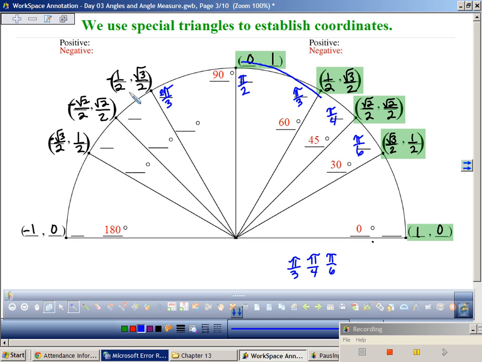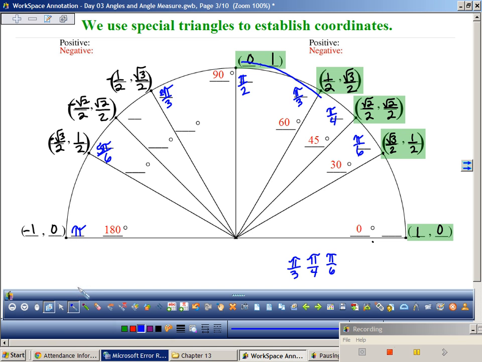And this would be, count, 1, 2, 3, 4, 5 pi over 6. And this would be 6 pi over 6, or just 1 pi. Right? So that fills that part out.